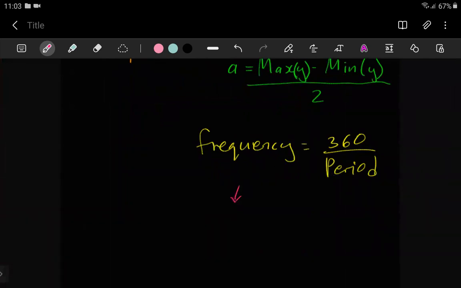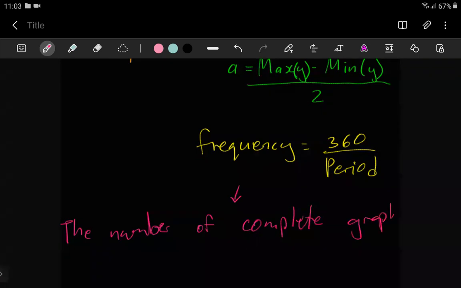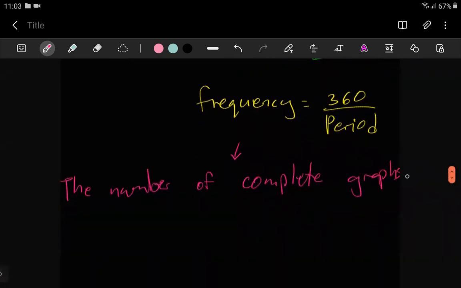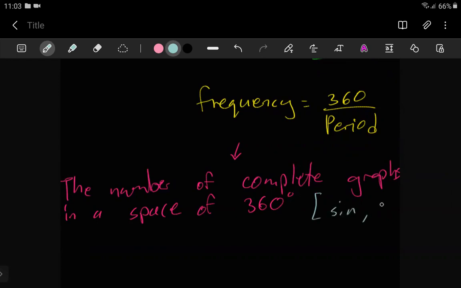Frequency: the number of complete graphs in a space of 360 degrees.